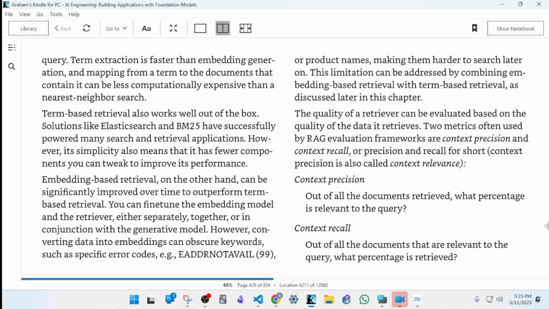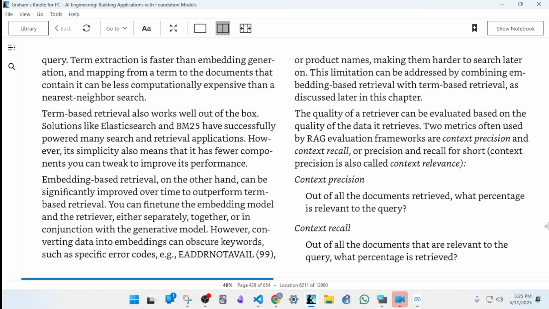For example, error code 99, which is spelled EADDRNOTAVAIL. So it's like E-ADDR-NOT-AVAIL, not avail.